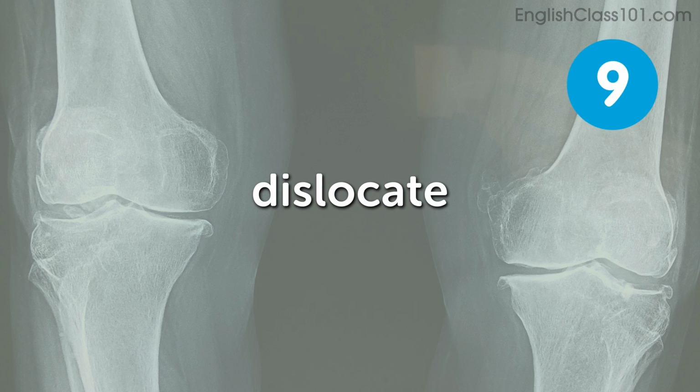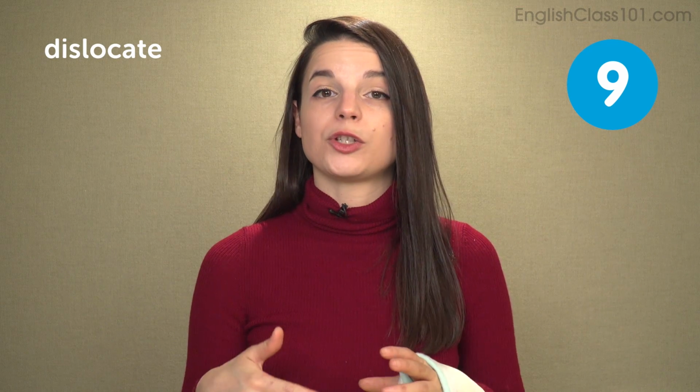Ouch. Dislocate. So here we see the word locate, referring to location, and dis, which means not, in other words. So to dislocate something refers to removing a part of the body from its correct position and shifting it slightly. So this is something that you hear with joints.